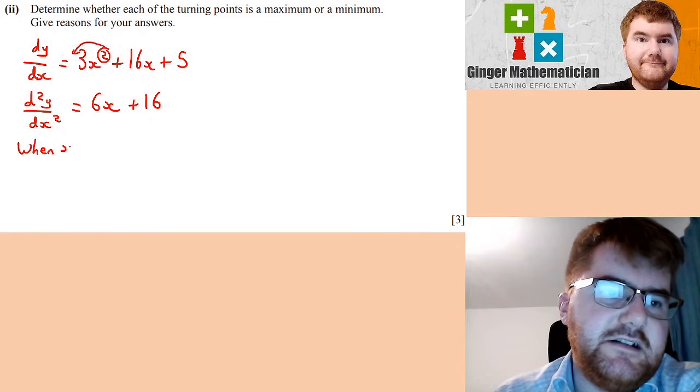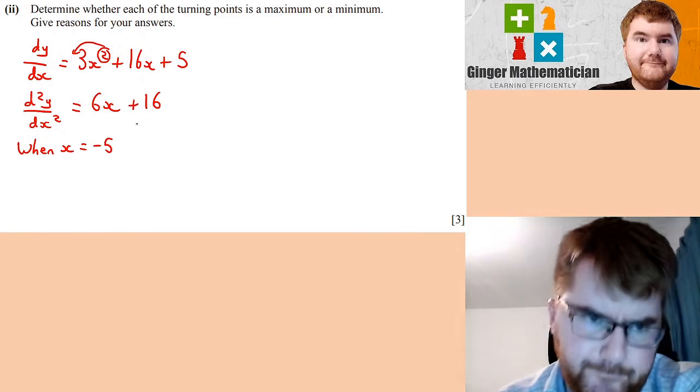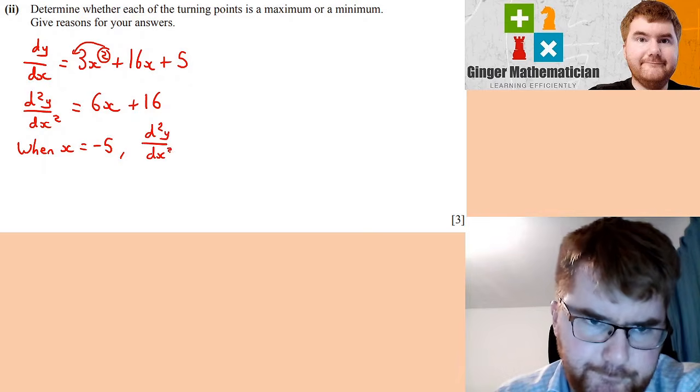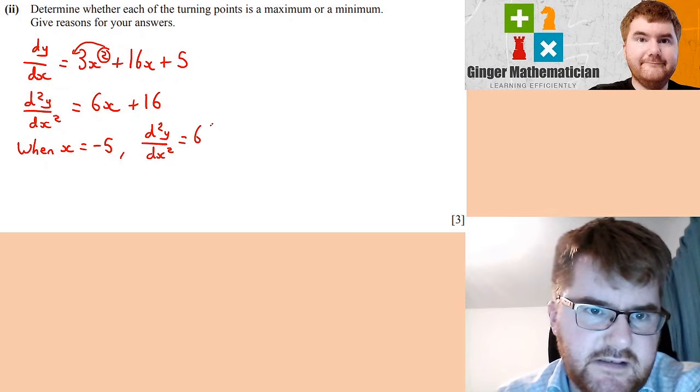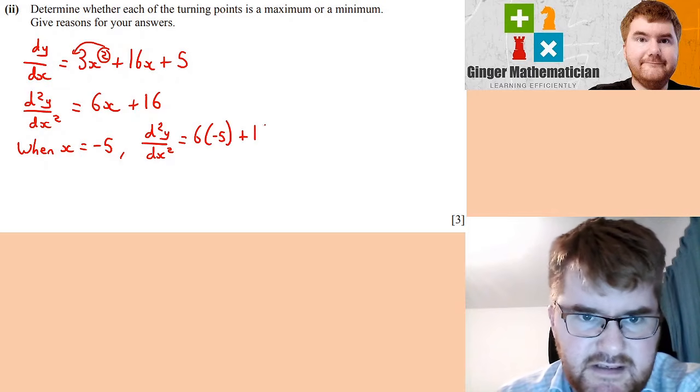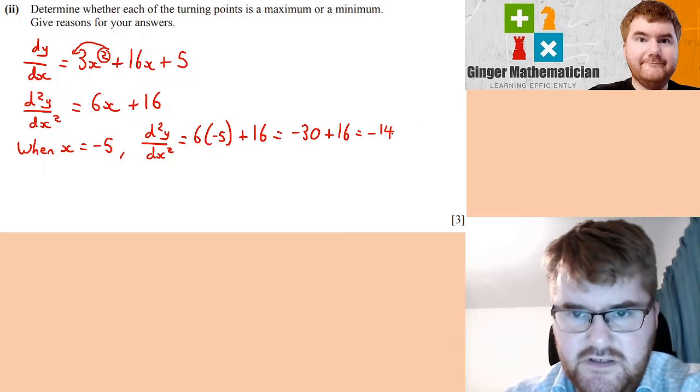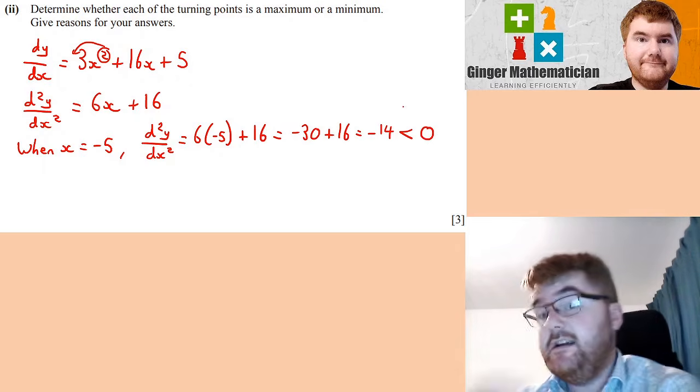So when x is equal to minus 5, d2y over dx squared is equal to 6 lots of minus 5 plus 16, which is minus 30 plus 16, which is minus 14. Which is less than 0.